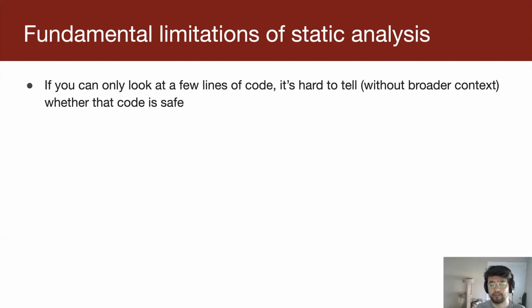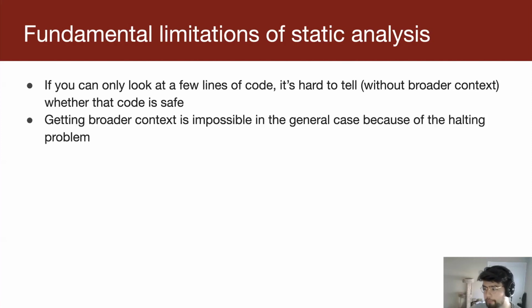And it's hard to know what that function did without knowing what the inputs were and without actually running the program. Without running the program, it's hard to tell what the program is going to do. And getting that broader context, knowing exactly what's going to happen, is not possible in the general case because of the halting problem. If you want to know what a sufficiently complex program does, you actually have to run it.